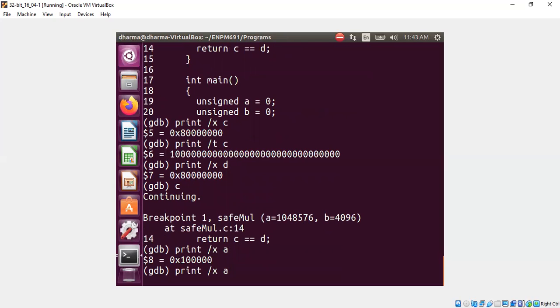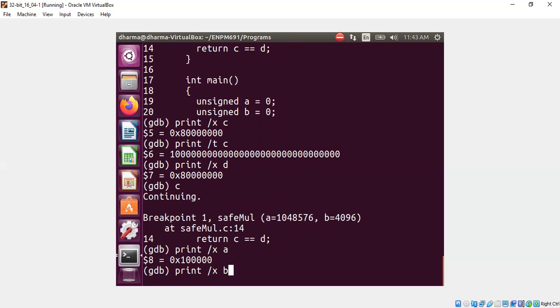Okay, this A is 2 power 20, which is what you're seeing. This is 16 bits gone, right? And this is the 20th bit, and this is the 21st bit, which is nothing but 2 power 20.